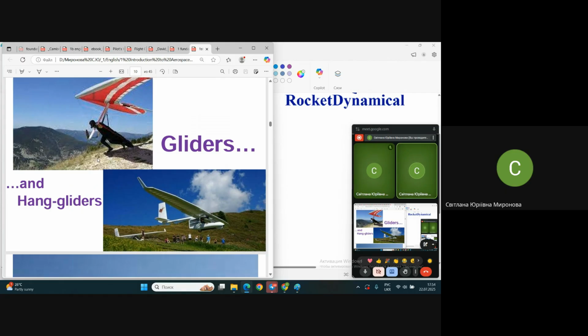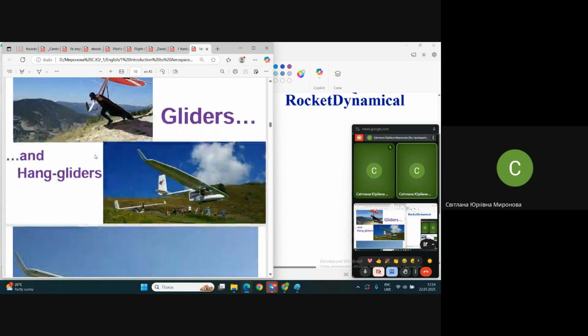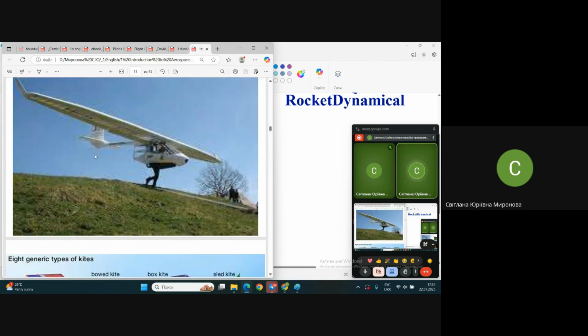Also, both of these types of aircraft have no propulsion force permanently renewing during the flight, besides this initial force due to the running of the pilot with this hang glider, or due to the running of the pilot with the airplane as a whole.